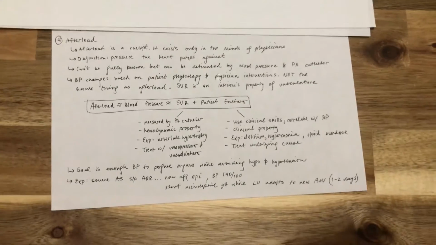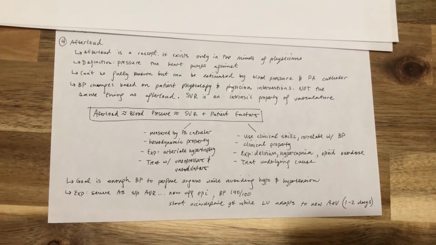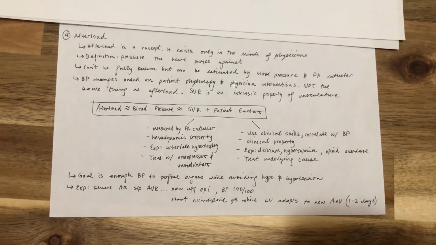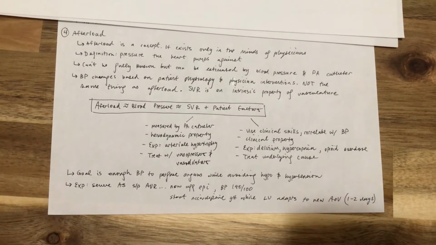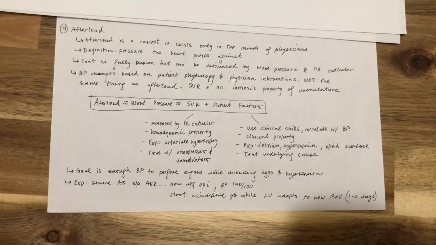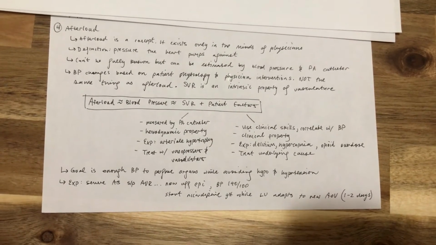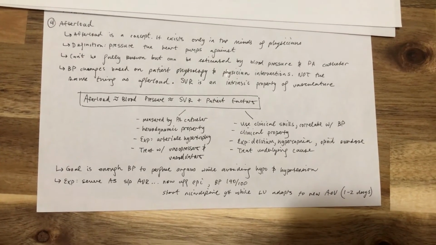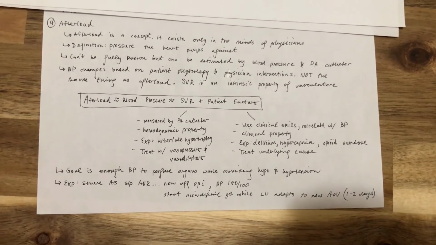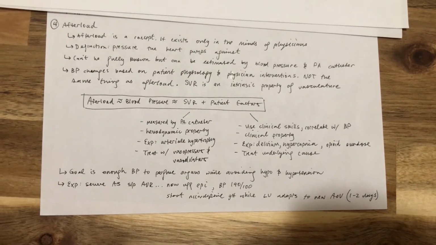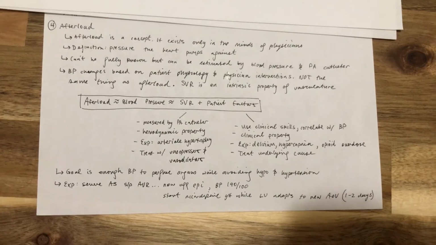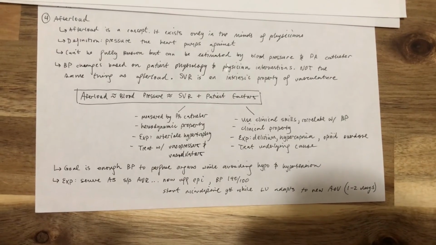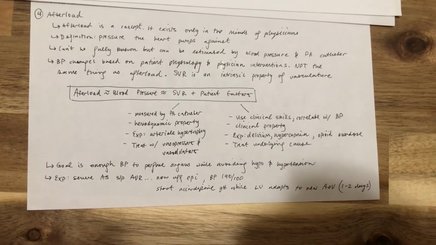And the last topic we're going to talk about is afterload. And what that is, is it's also a concept that exists in the minds of physicians, and it is the pressure that the heart pumps against. And so again, it can't be fully known, but it's generally estimated by non-invasive blood pressure measurements or the PA catheter, or yes, you could also use an arterial line. And there are two things that you have to keep in mind: the blood vessels themselves have an intrinsic pressure.